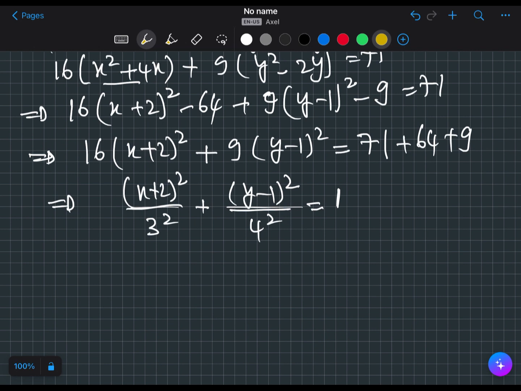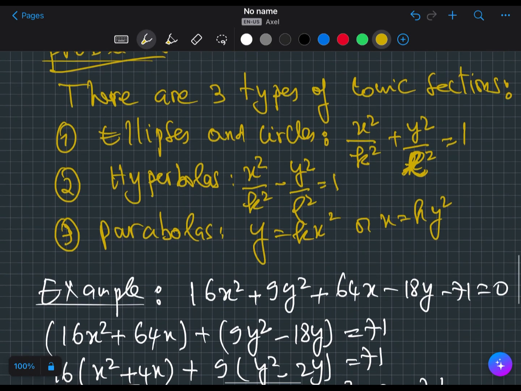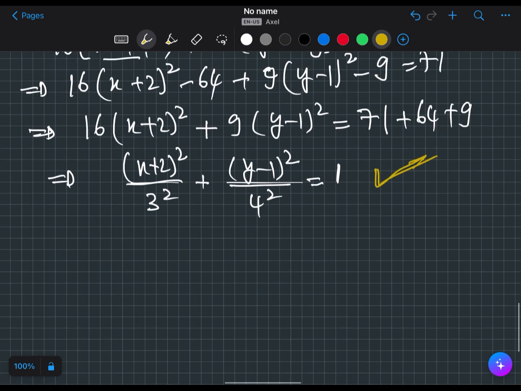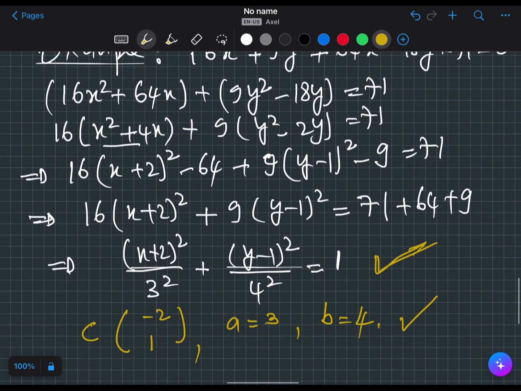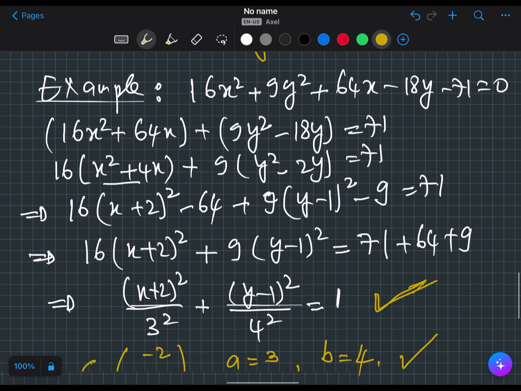Now, what is this figure, this plot, according to what we described here? We can see that this equation will be an ellipse, where the center has coordinates (minus 2, 1), the smaller radius will be 3, and the bigger will be 4. So this will be the surface described by this quadratic equation.